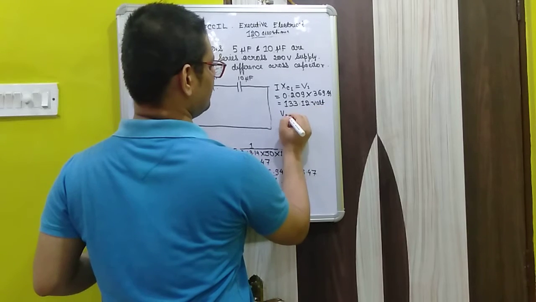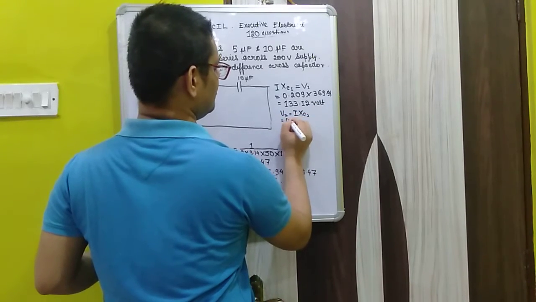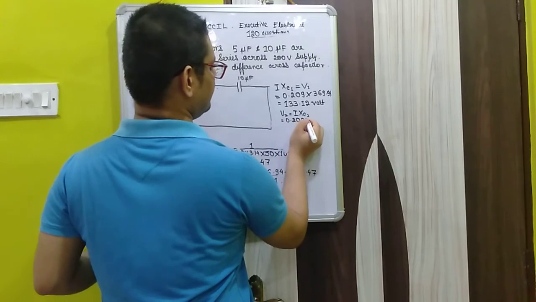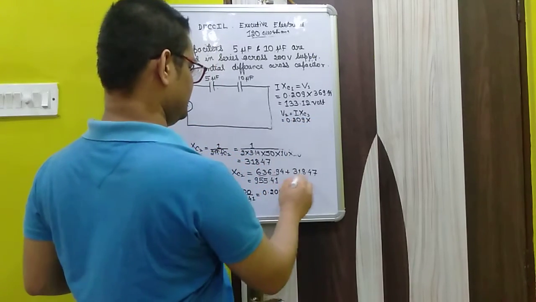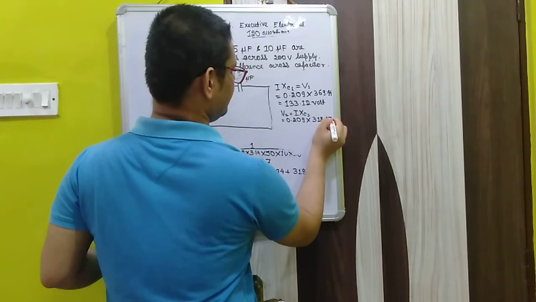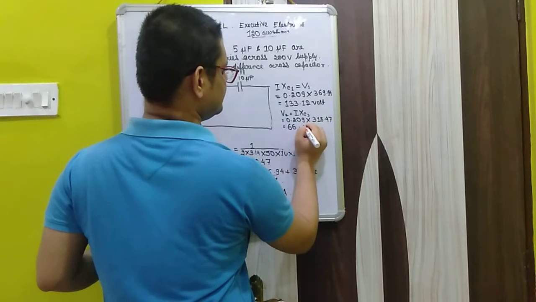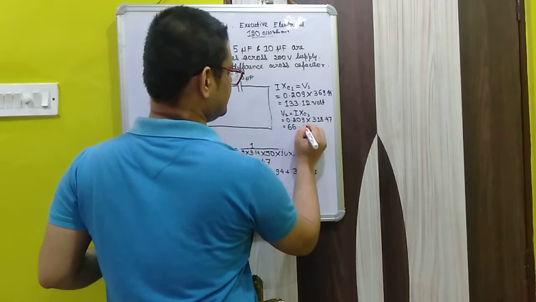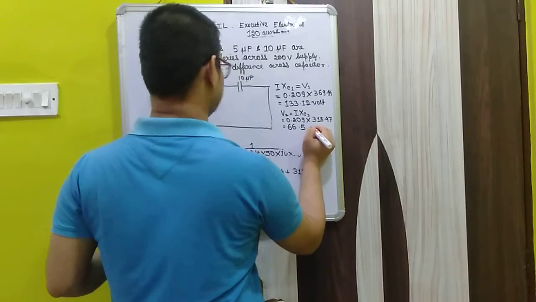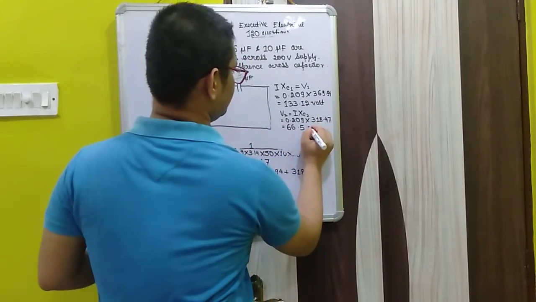Now similarly we calculate V2 is I Xc2, that is 0.209 into the Xc2 value of 318.47. It will come around 66.5 volt.